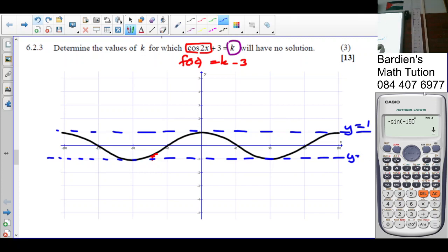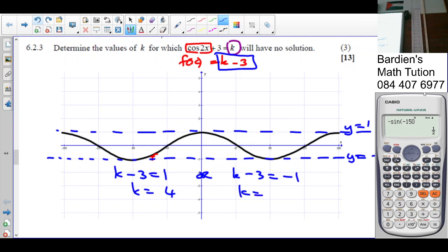But y is not y in this case. Y is actually k minus 3. So k minus 3 is equal to 1, or k minus 3 is equal to negative 1. So k is equal to 1 plus 3, sorry, which is 4, or k is equal to negative 1 plus 3, which is 2.